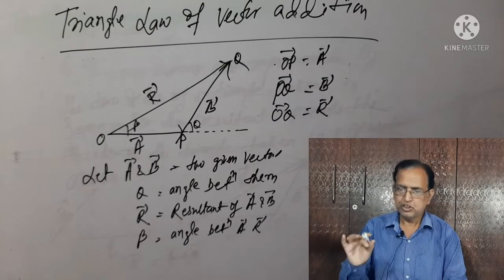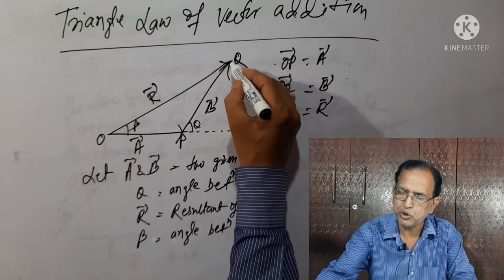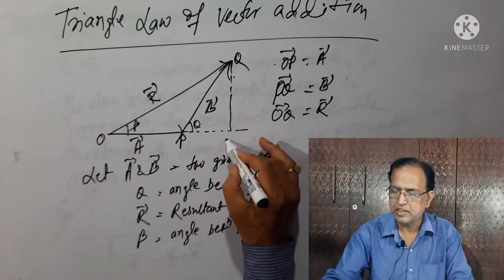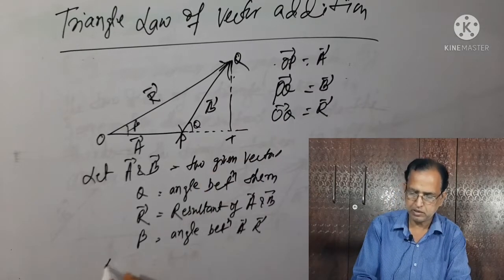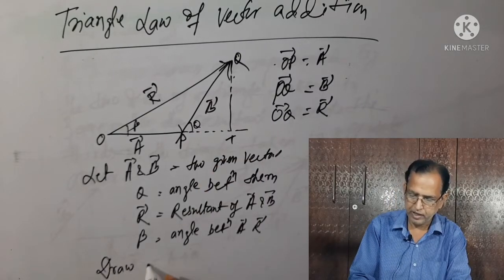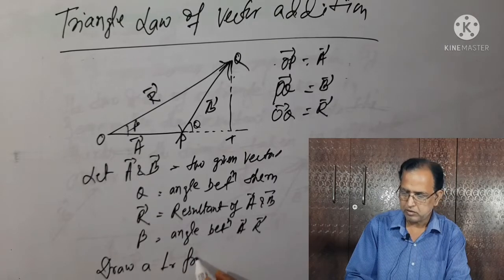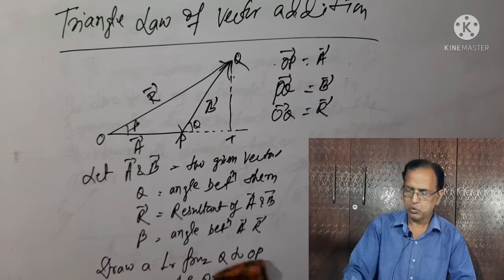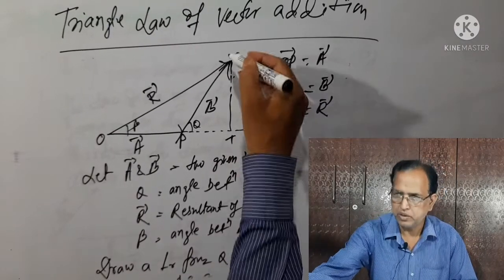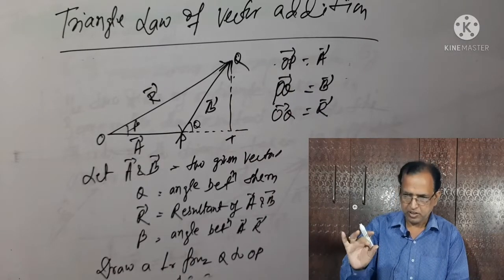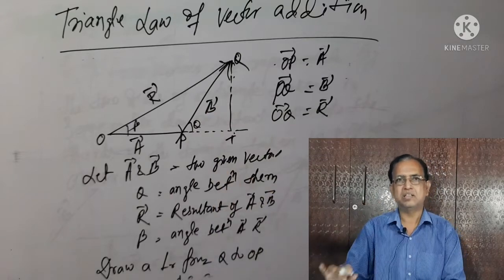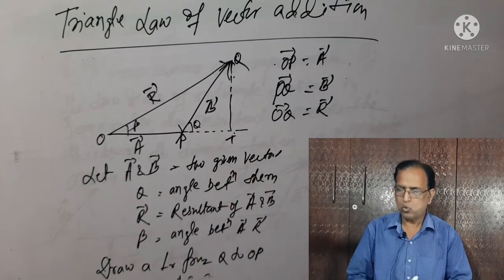Then draw a perpendicular from Q to OP produced, that is QT. Clear? So now OQT is a right angle triangle. We can find out OQ.